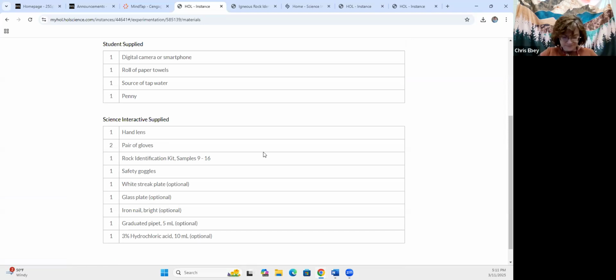You're going to need your mineral identification kit. That is for GEO 131.